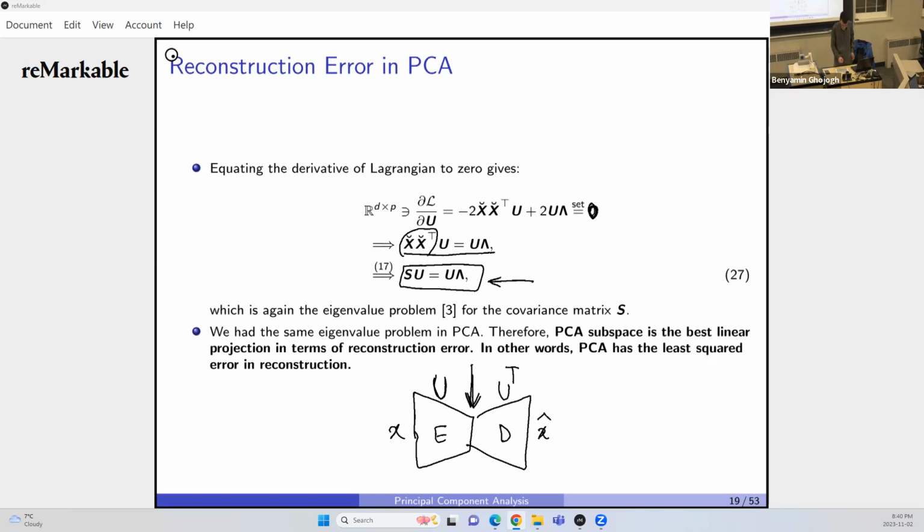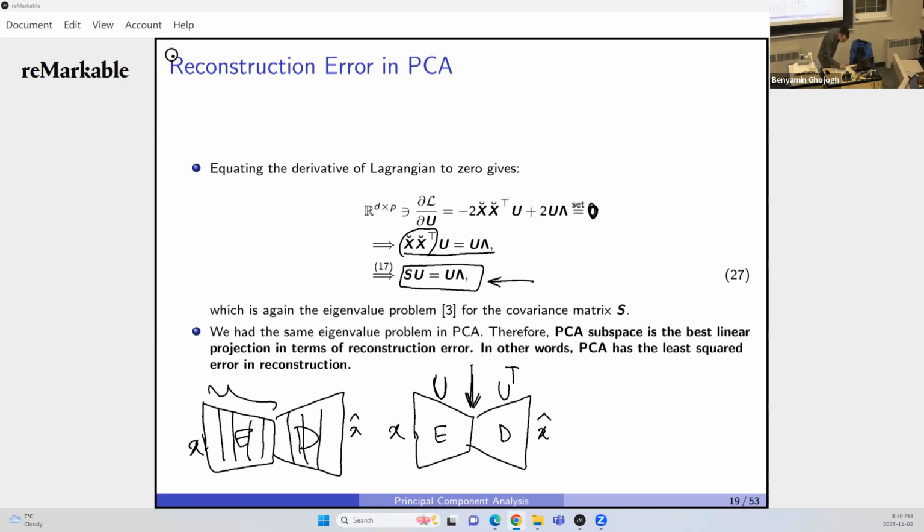Now assume I have multiple layers, not just one layer. Multiple layers of encoder, multiple layers of decoder. Again, I forget to put activation functions in the middle. The solution still will be PCA. Why? Because you can see this as U1, U2, U3, etc. The whole thing you can see as one U. There is no nonlinearity between them.